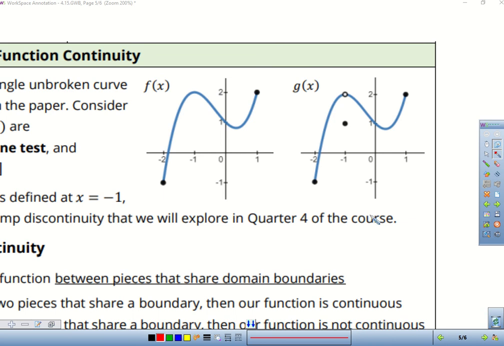And why is g not a continuous function? It's got that dot. Yeah, it has a point that goes off the chart, right? So for that reason, g is not a continuous function, but it is still a function because it passes the vertical line test. Yeah, it would still pass the vertical line test. So that's the rule for normal functions.